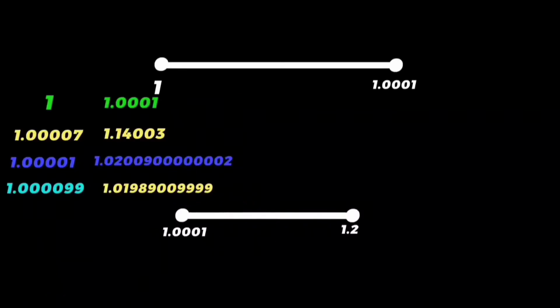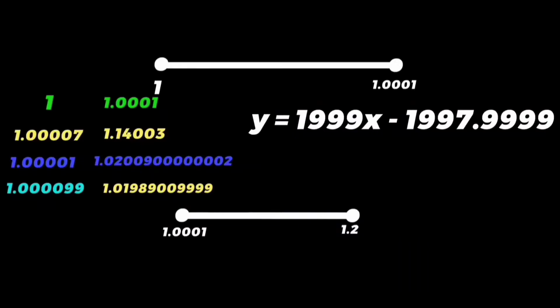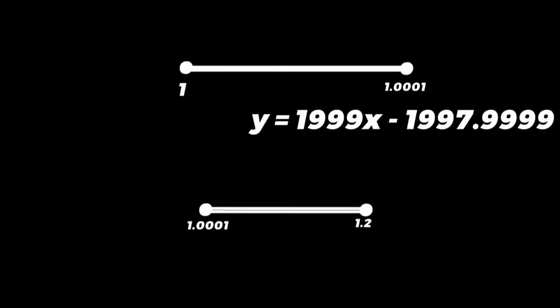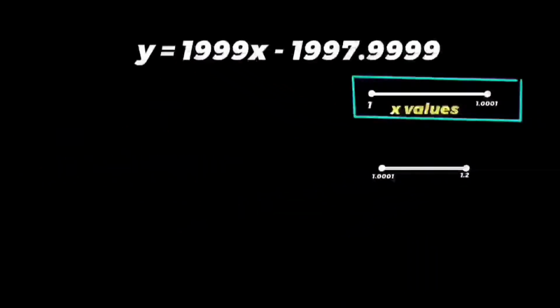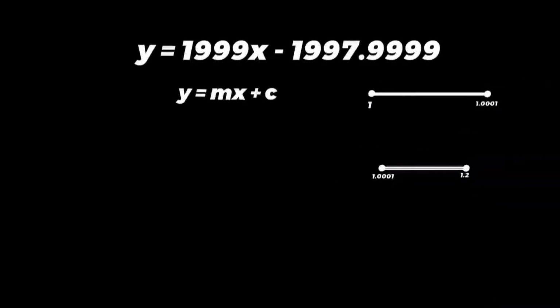Don't be scared by these numbers, I just plugged my numbers into this linear equation. For the x values from this line, we will get y values from that line. Check it. I get this equation by solving the straight line equation for the required values.